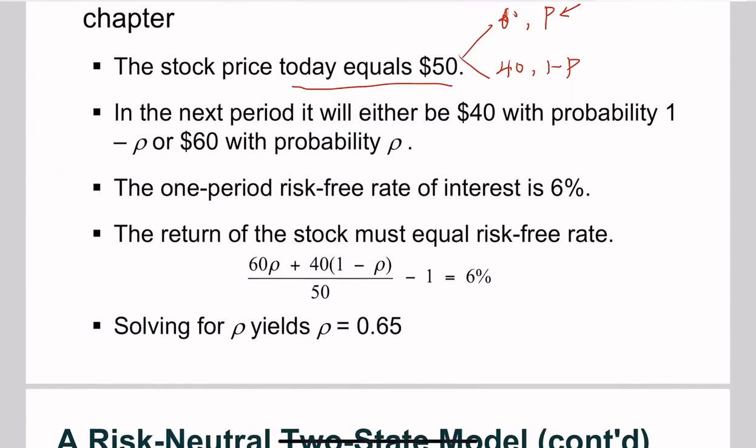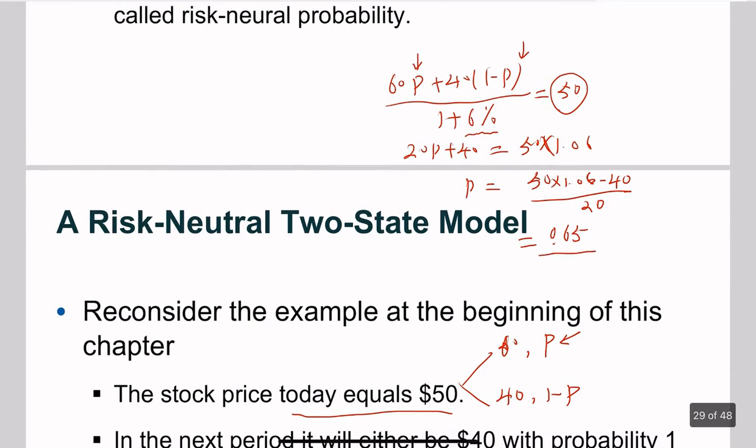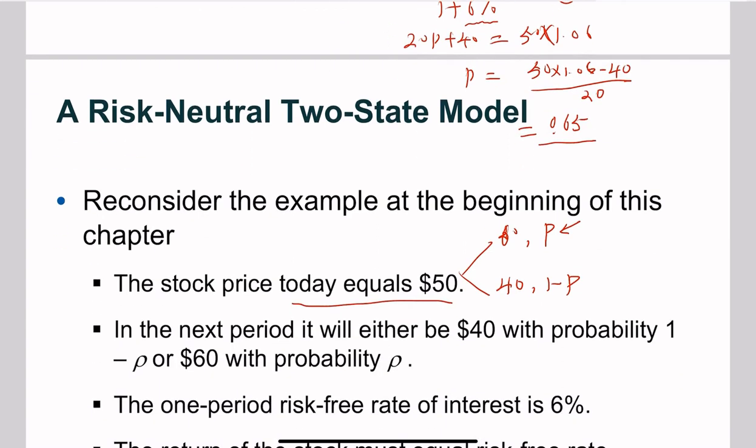Then you will get a P, which is 0.65. So this is basically the first and the most important step of using risk-neutral probabilities to price your call option. This says that in a risk-neutral world, with a probability of 65%, the stock will increase from $50 to $60.